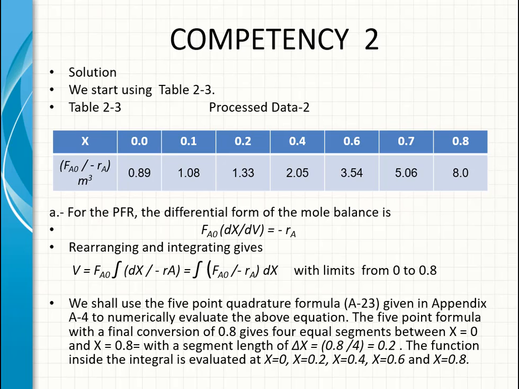We shall use the 5-point quadrature formula A23 given in appendix A4 to numerically evaluate the above equation. The 5-point formula with a final conversion of 0.8 gives 4 equal segments between X equals 0 and X equals 0.8, with a segment length delta X equal to 0.8 divided by 4, which is 0.2.